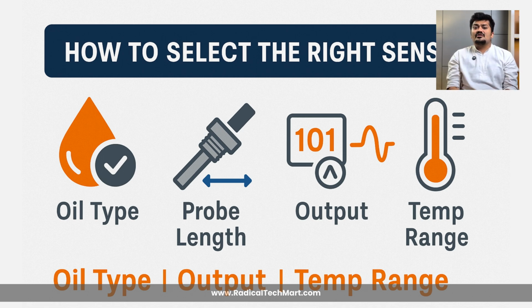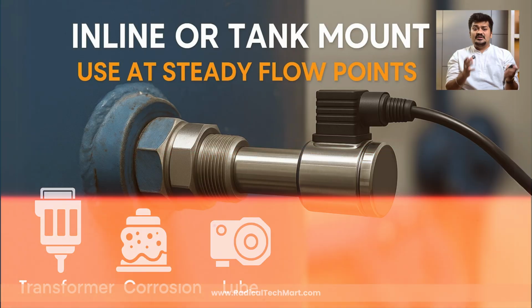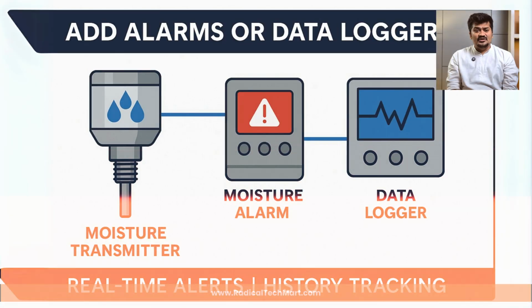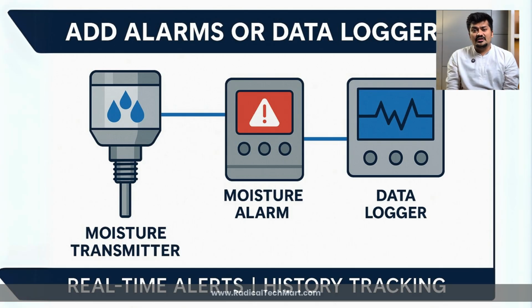Choose based on your control system, analog or digital. And last, operating temperature. Use high temperature rated sensors for hot oil applications. Here's a quick tip: install the sensor where oil flow is consistent, not at stagnant corners or overflow zones. And if the system allows, pair it with a moisture alarm or data loggers.